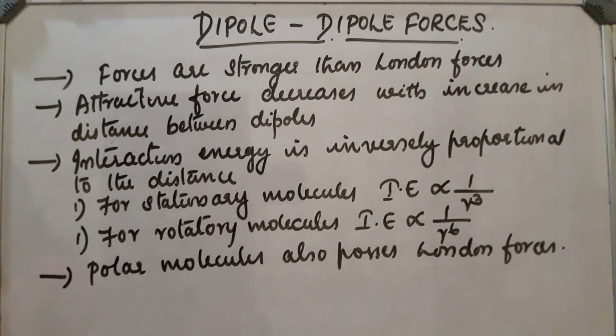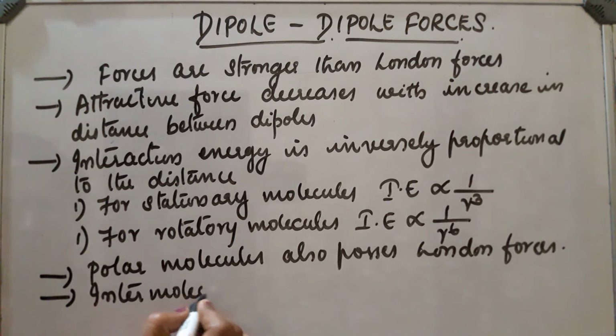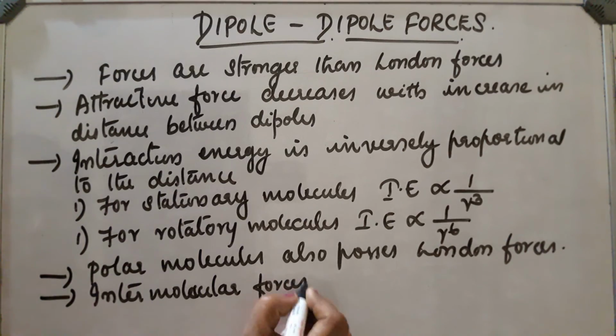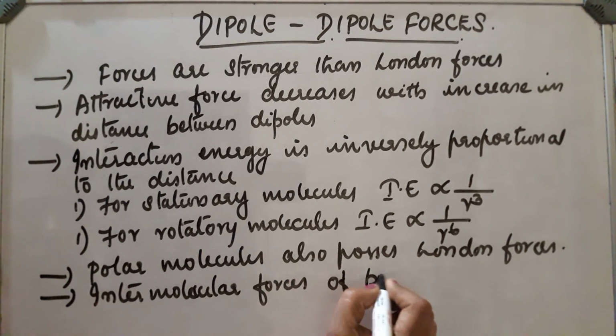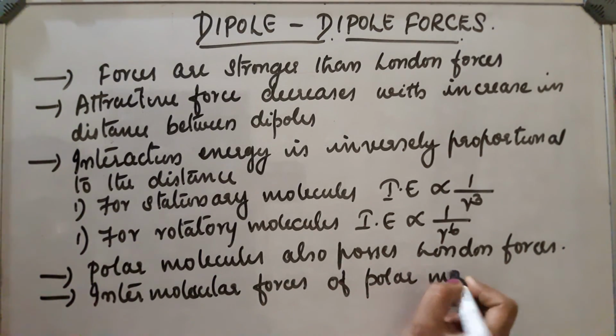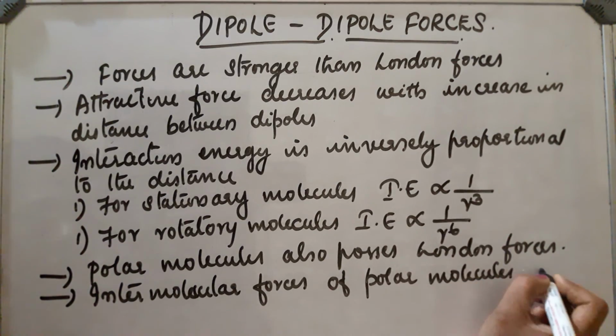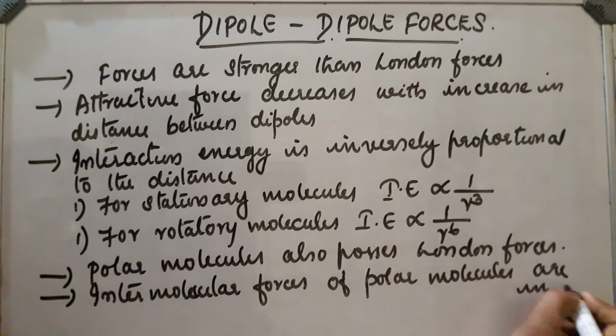So the intermolecular forces of polar molecules are increased, because in this case there will be a total effect. Both dipole-dipole forces and London forces are there in the case of polar molecules.